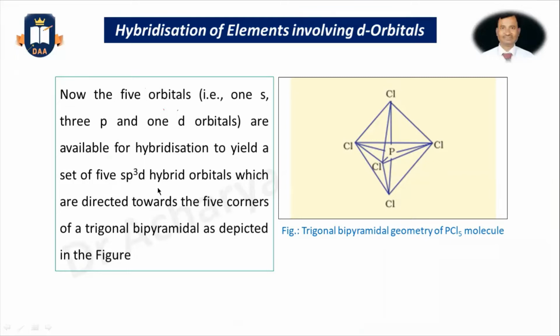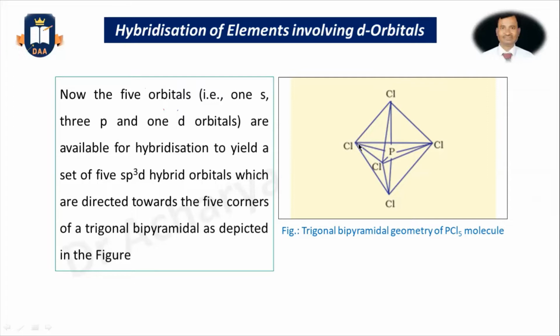And these hybrid orbitals are directed to the 1, 2, 3, 4, 5 corners of a trigonal bipyramid. This geometric shape is trigonal bipyramidal.